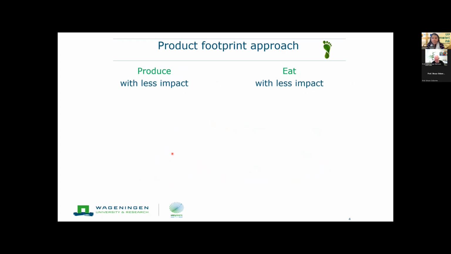So talking about producing with less impact, I'll take the example of producing a livestock product. That can be cheese, milk, chicken meat, beef, whatever. If we want to produce with less impact, we generally focus on having a high productivity of the herd. So produce as much eggs or meat per unit of feed as possible.